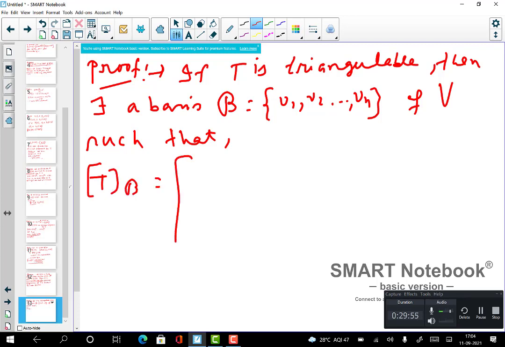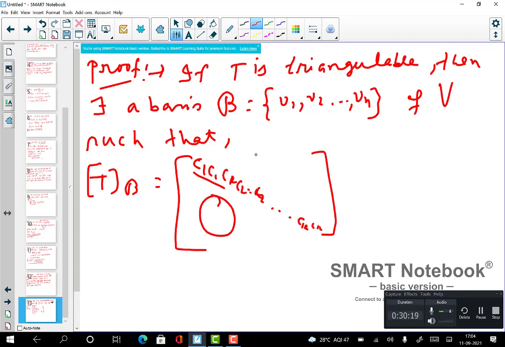Something like c1, c1, c1, and then c2, c2, c2, and then ck, ck, ck. And the part below is 0, and the upper part can be anything, any non-zero element or 0, doesn't matter. But below the diagonal everything is 0.